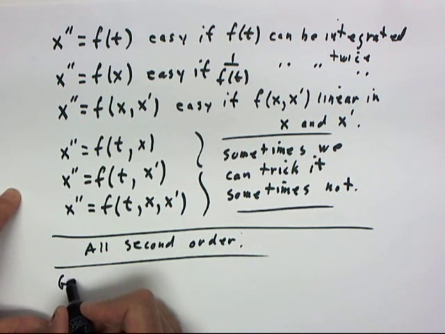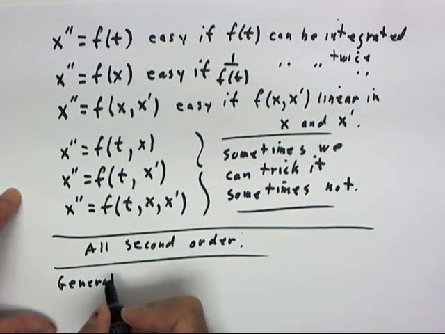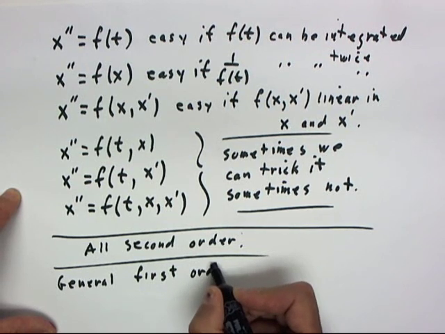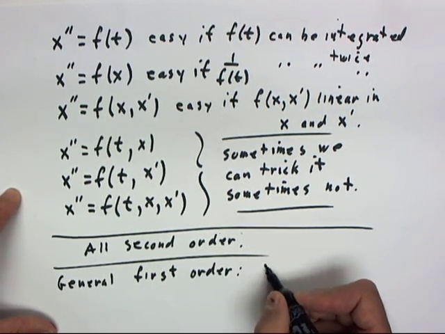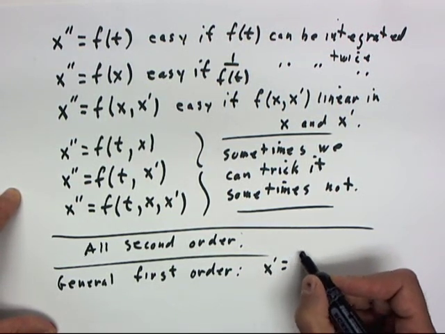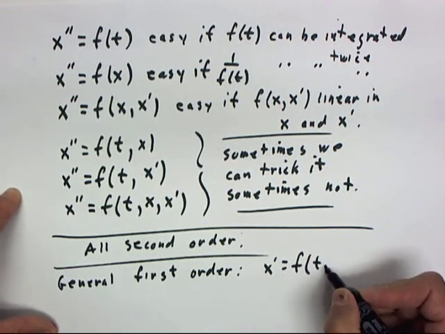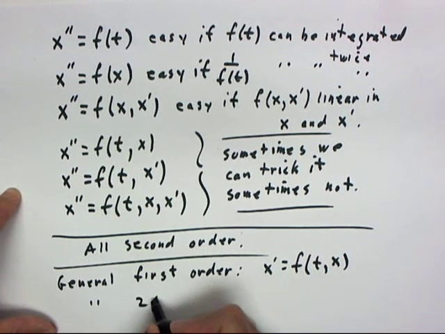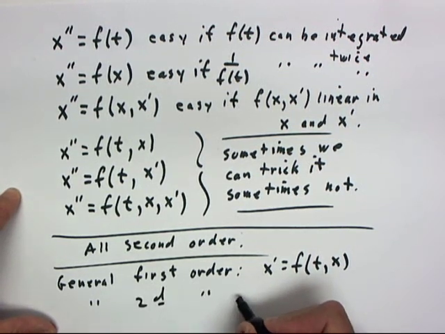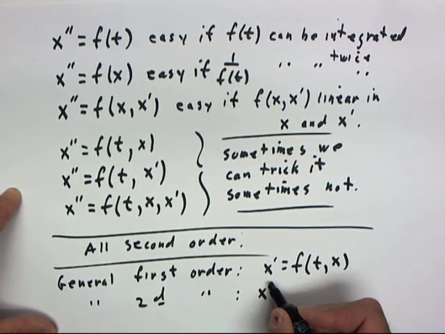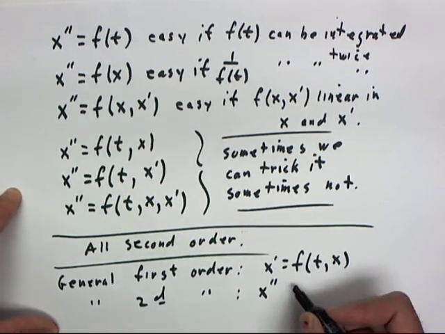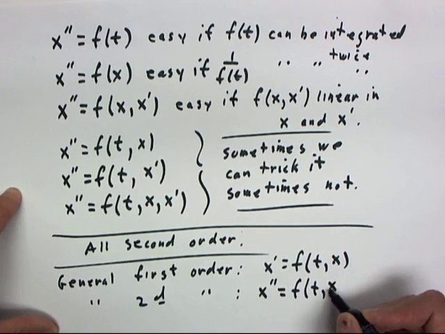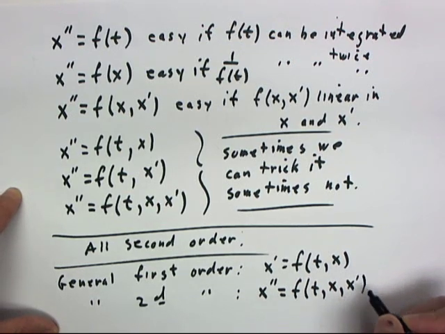Now, general first order, x prime is some function that involves t and x. General second order will express x double prime as some function of t, x, and x prime.